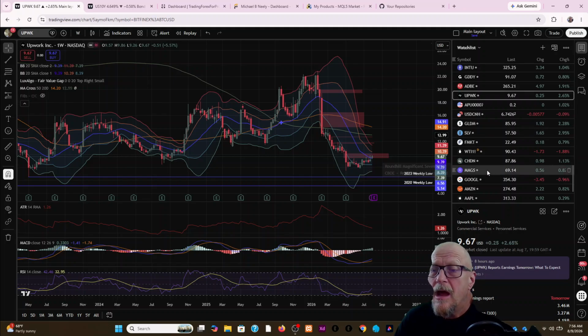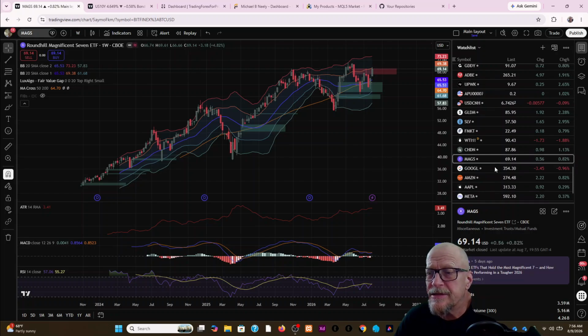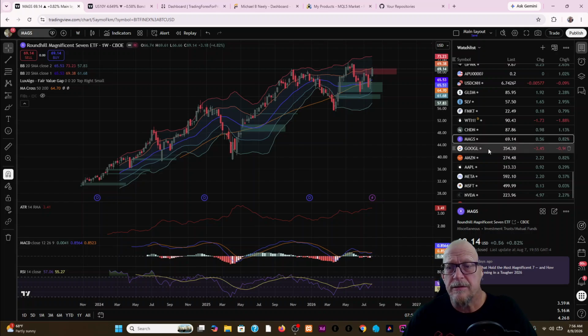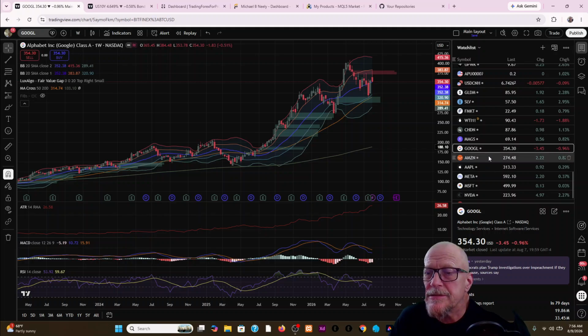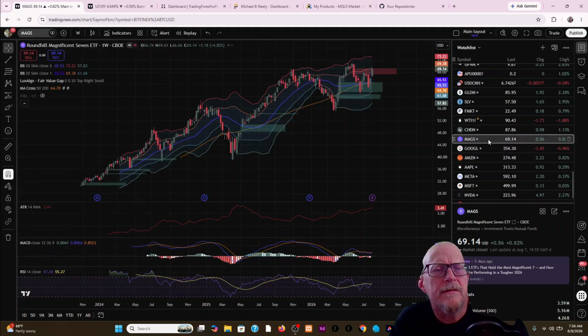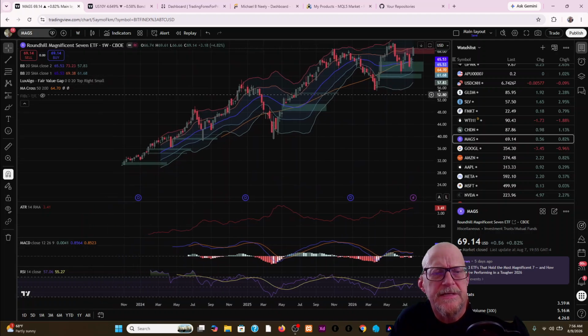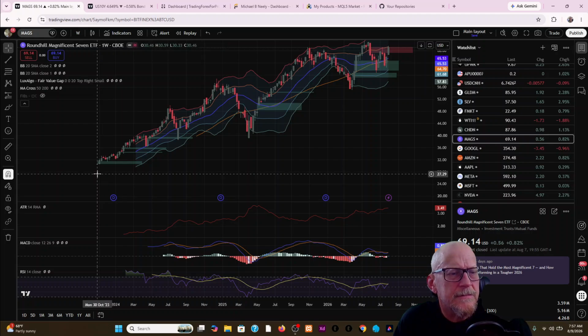I don't know. Mag 7. Big week for the Mag 7 ETF. That's going gangbusters. Google right there, not going gangbusters. Amazon, again, finding a top right there. Mag 7 ETF has only been around since October 2023.